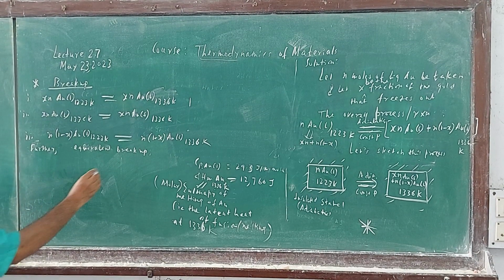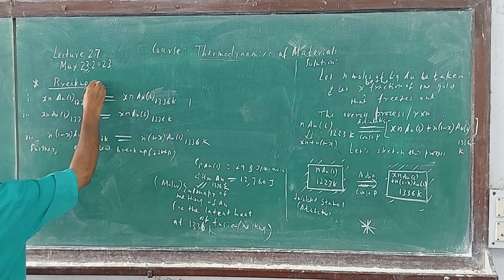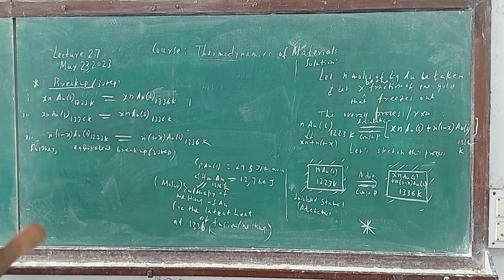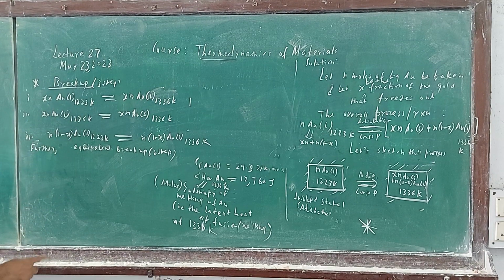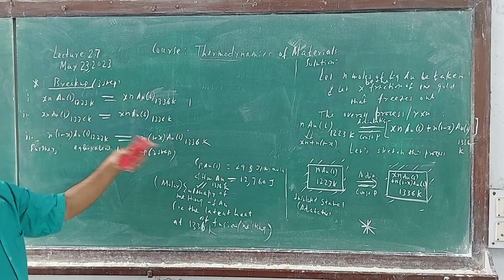This is 3-step, and this will do as 2-step also. I am adding this to do mine. See, 1 and 3 you can easily add. Same 1223 liquid, 1336 liquid.